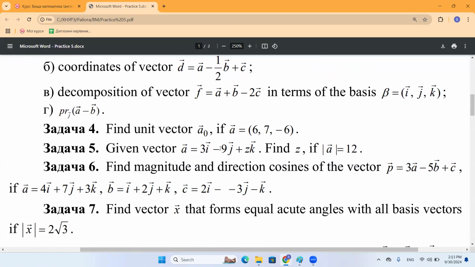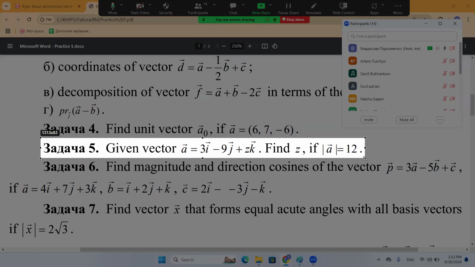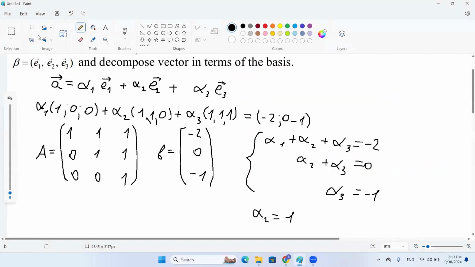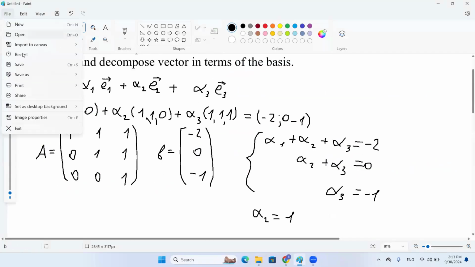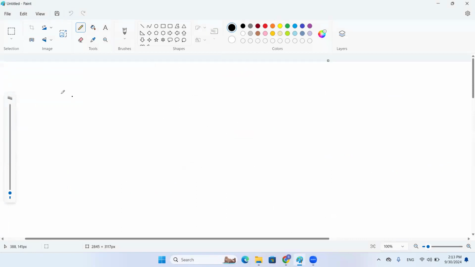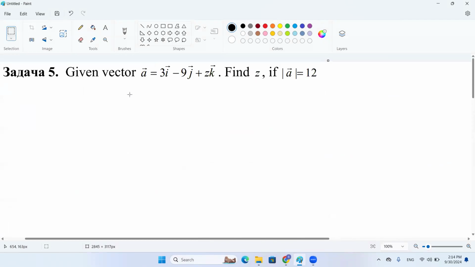So we have a vector, but one of its coordinates is unknown, and let's find it. Task 5. Okay, and how are you going to solve it? Who can answer?